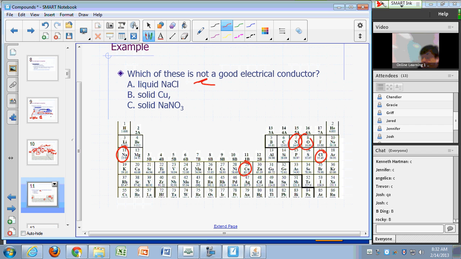What do we know about metals? Metals are good electrical conductors, so you can eliminate choice B. And sodium chloride and sodium nitrate are both ionic. What does it take for an ionic compound to conduct electricity?